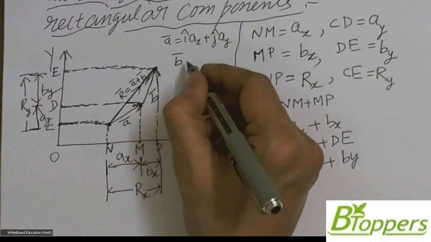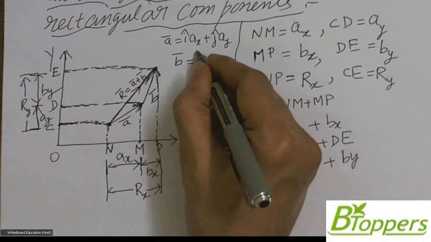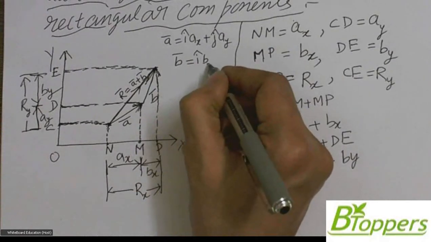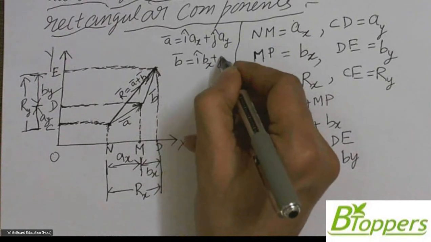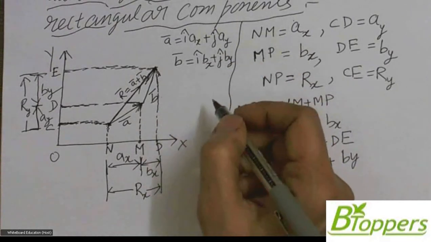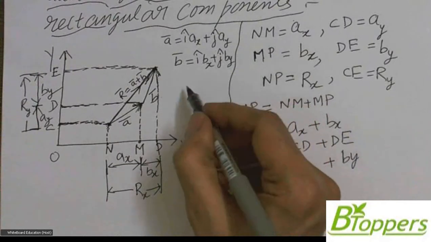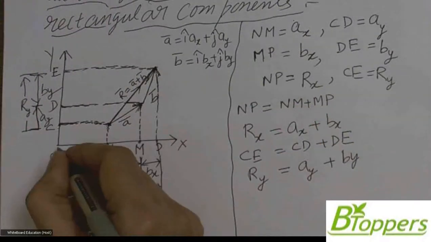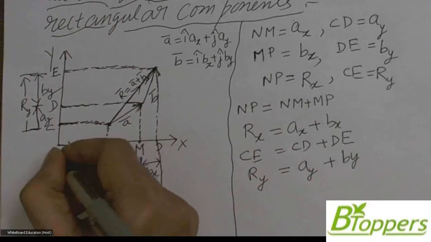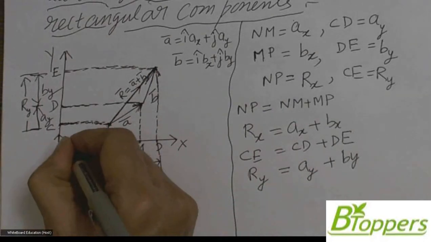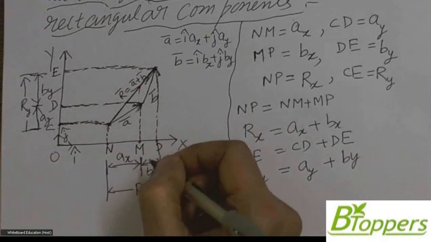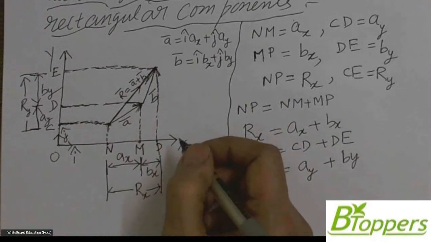And vector B bar, which also lies in the xy plane, can be written as i cap into Bx plus j cap into By. Of course, it is understood that i cap is a unit vector along the positive direction of x-axis and j cap is a unit vector along the positive direction of y-axis.